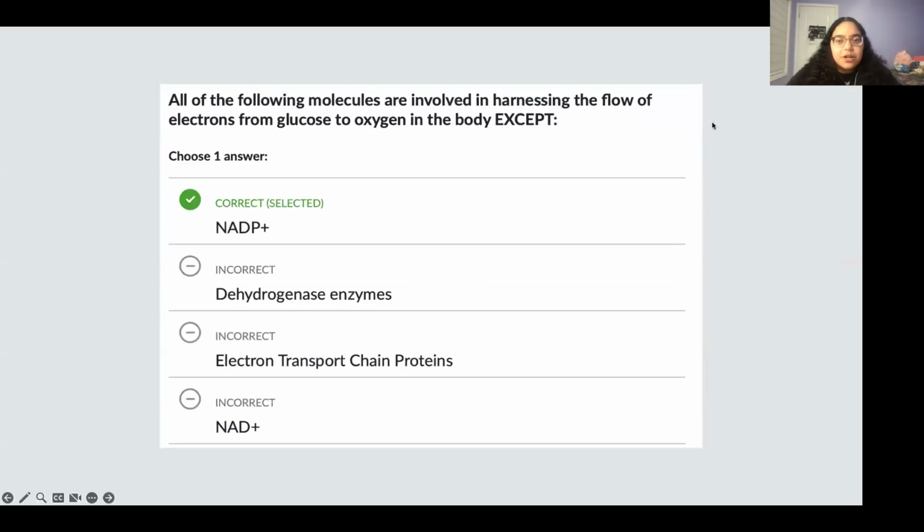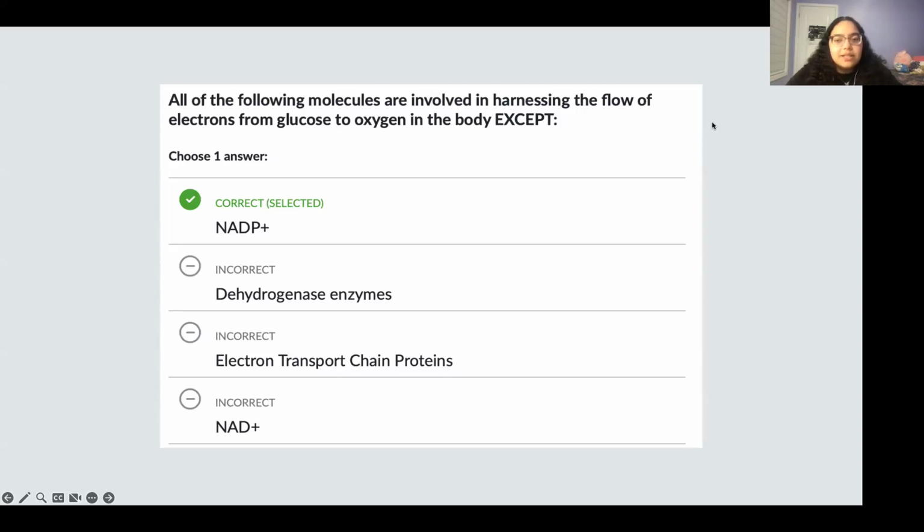For harnessing the flow here, it's NAD plus. NAD plus is reduced to NADH during catabolic breakdown, like glycolysis and such. Electron transport chain also accepts the electrons. The dehydrogenase enzymes also facilitate the oxidation of substrates.